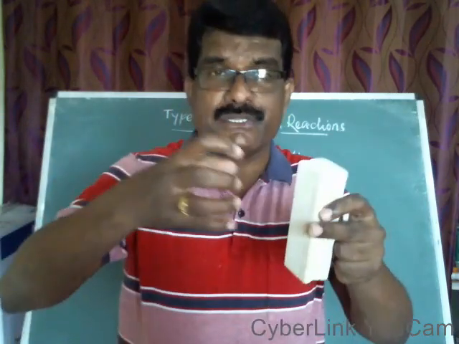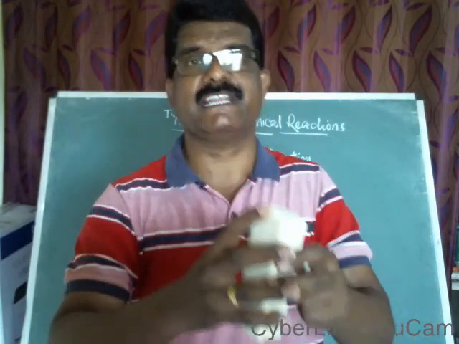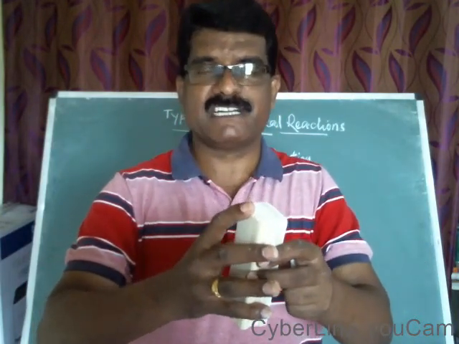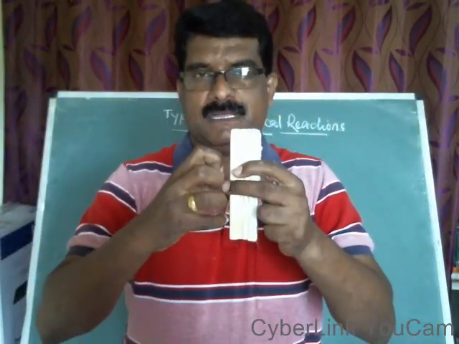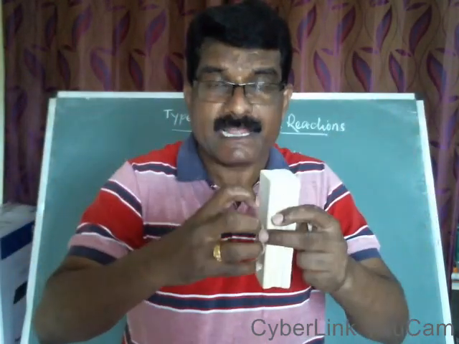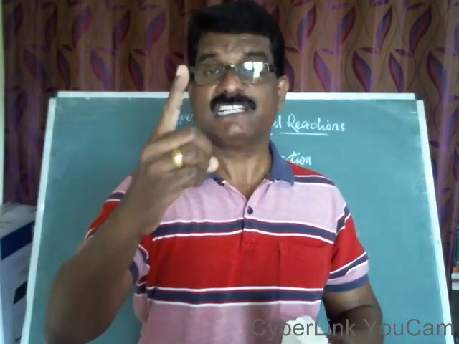When two or more reactants, the reactants may be elements or compounds, join together and produce a single product, then such a reaction is known as combination reaction. In combination reaction, the chemicals are combining. When the chemicals are combined and form a single product, such a reaction is called combination reaction.